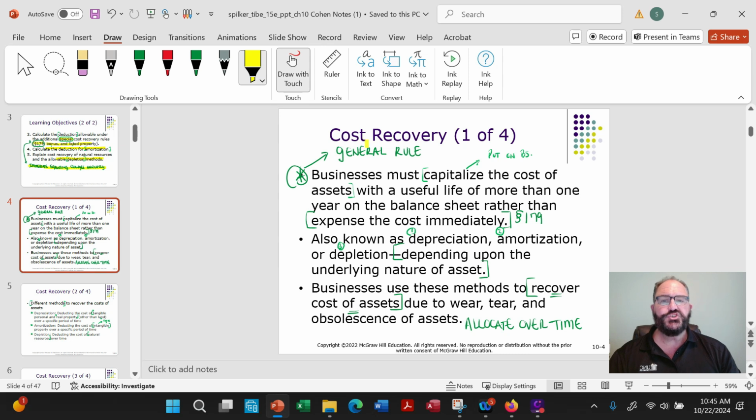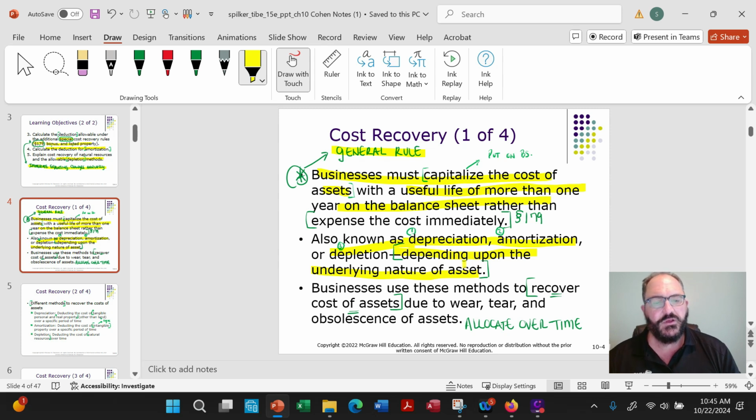All right, so here's the general rule. Businesses must capitalize the cost of assets on the balance sheet when they have a useful life of more than 1 year. Otherwise, you expense them immediately. Okay? So the names typically used are depreciation, amortization, or depletion, and which one you use depends on what type of asset you're talking about.